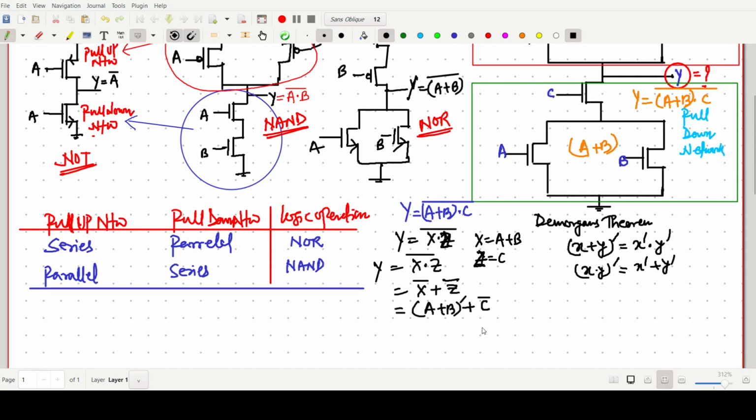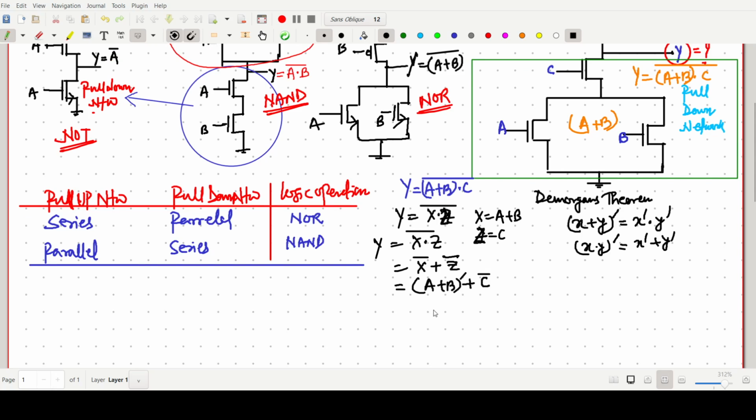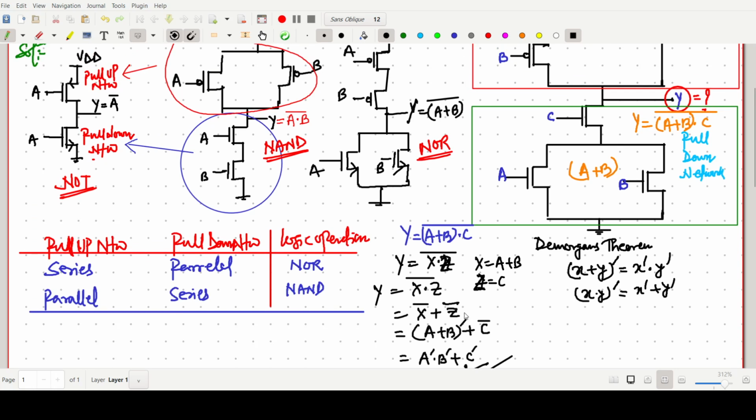Once again, (A plus B) bar can be written as A dash B dash, plus C dash, because (x plus y) dash is equal to x dash into y dash. So the final result is A dash B dash plus C dash.